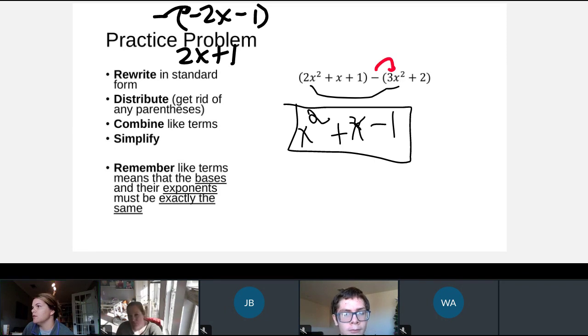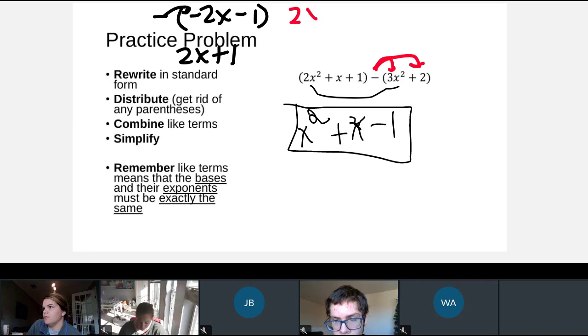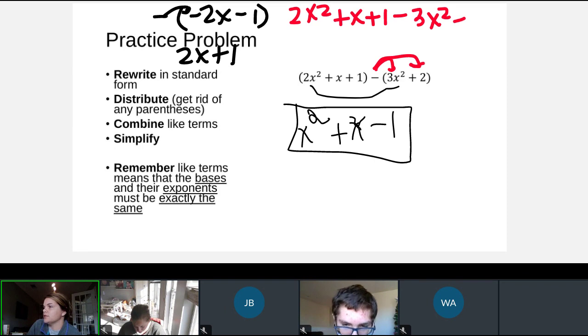You can use the arrows if you'd like. Okay, so that would give you 2x squared plus x plus 1 minus 3x squared minus 2. Or if you are someone who just likes to use the plus sign and flip your signs in the middle, that is fine too.